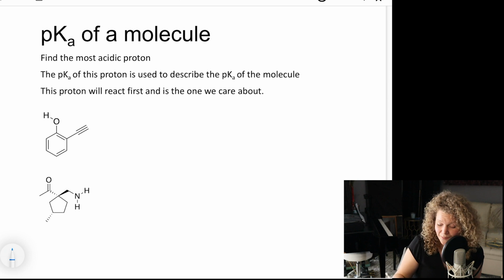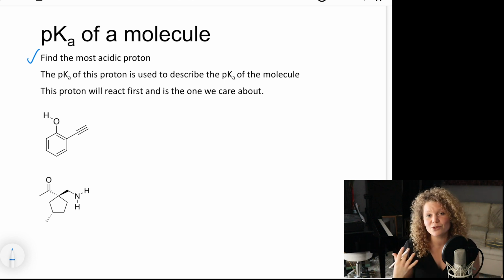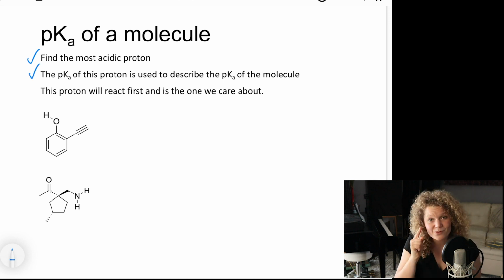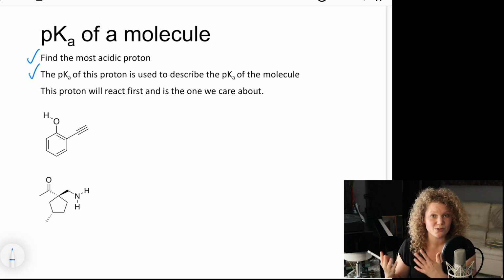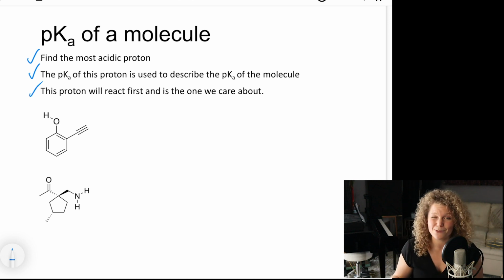So when we look at the pKa of a molecule, we're going to find the most acidic proton. And we can do this because we have a pKa chart. And we can look at different functional groups and decide which one is the most acidic. This pKa of the most acidic proton is going to be used to describe the molecule. And this proton reacts first and is really the one we care about.